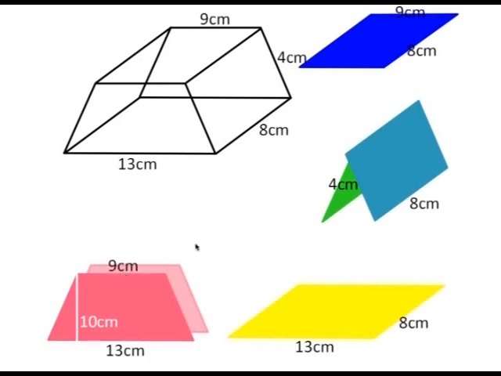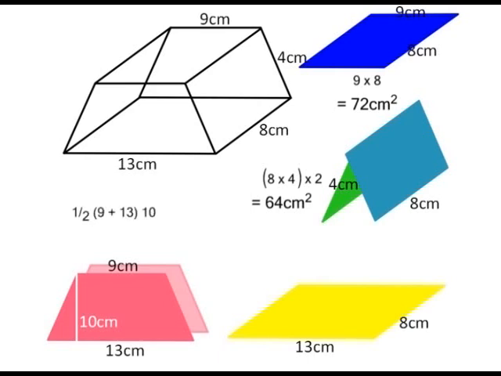Okay, now we calculate the areas. This blue rectangle, 8 times 9 is 72 square centimeters. This is 4 times 8 and there are two of them, gives us 64 square centimeters. The trapezium area is a half a plus b times height.